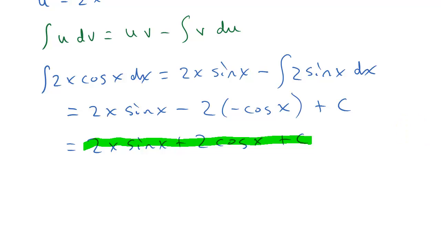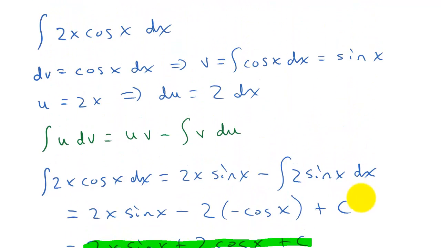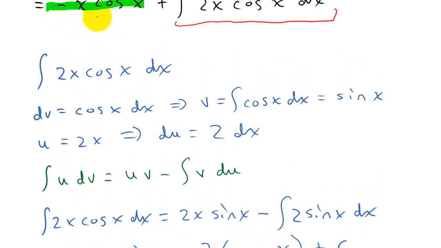Alright, so that means that my final answer, the integral of x squared sine x dx, is equal to the negative x squared cosine x, which is this part right here.